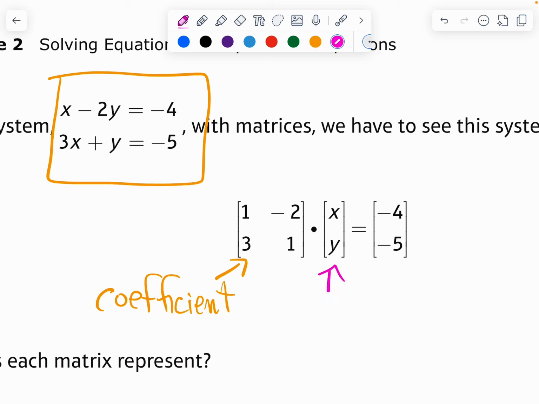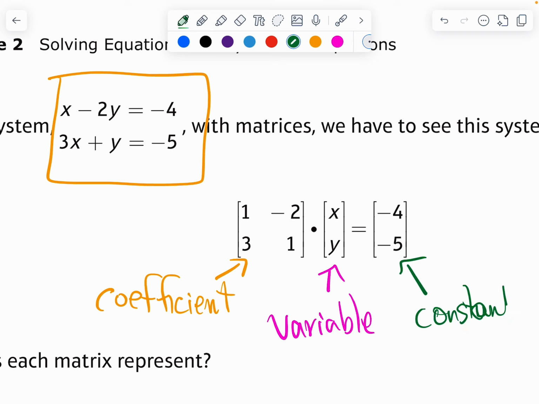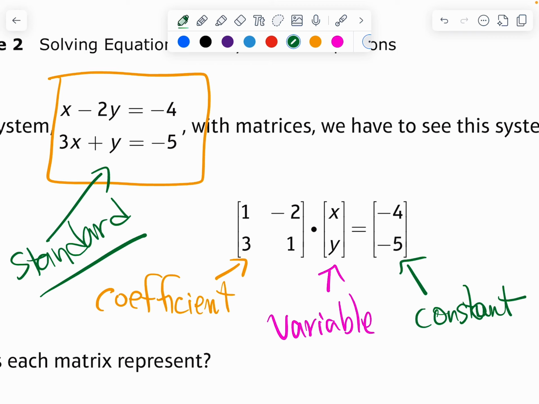And then we have the variable matrix. And then we have the constant. And if you notice, this is in standard form. Make sure it's in standard form.